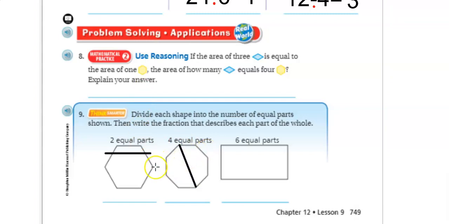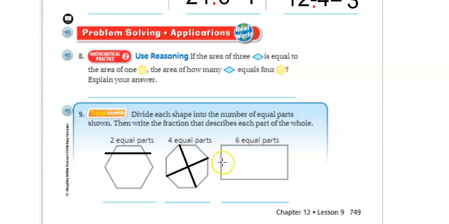Those are equivalent. And then we're going to go from here to here. So those should be equivalent. So 1, 2, 3, 4. Each part is 1/4.